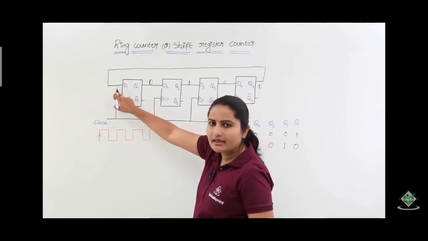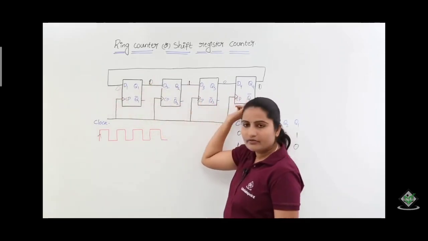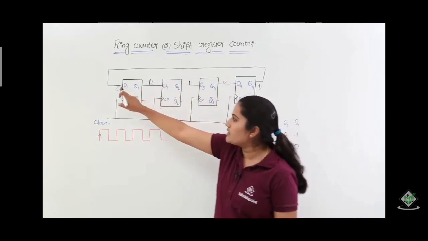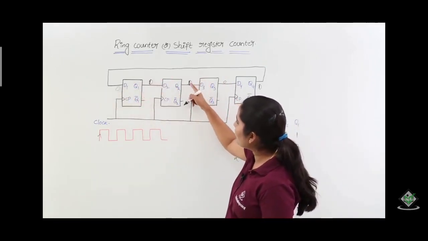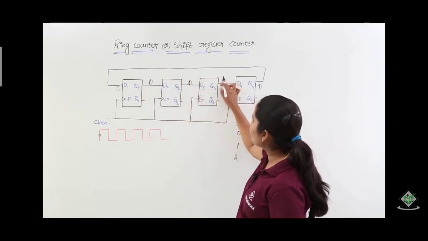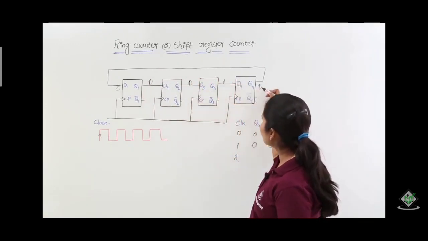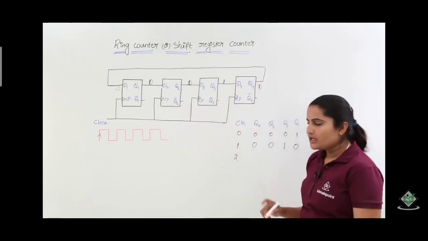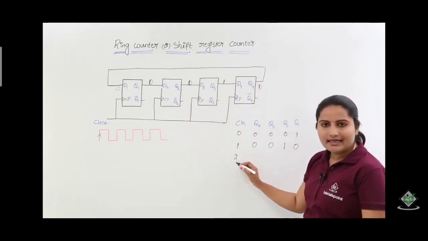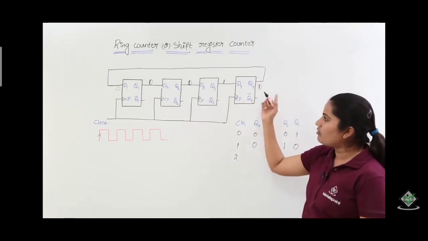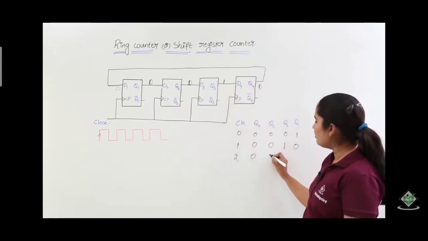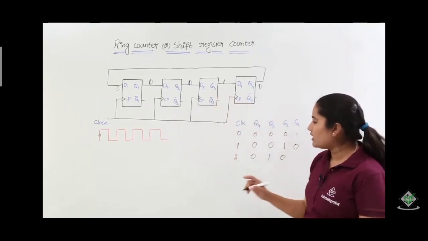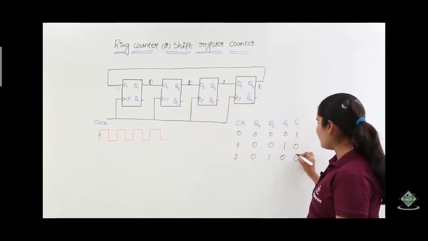At the time of the second clock pulse, these inputs are ready for these particular flip flops. So, this 0 will come here, this 0 will come here, whatever 1 is there will come here and whatever 0 is there will come here. So after the second clock pulse application, the outputs are Q4 is 0, Q3 is 1, Q2 is 0 and Q1 is 0.